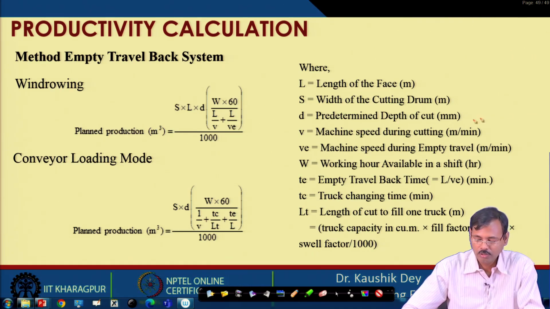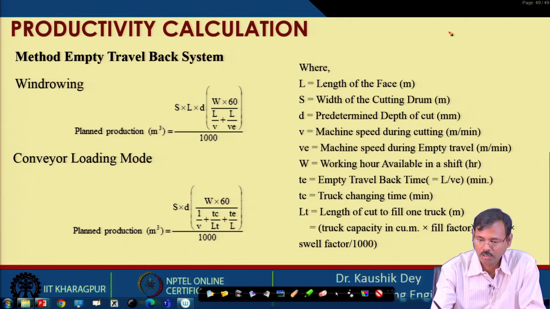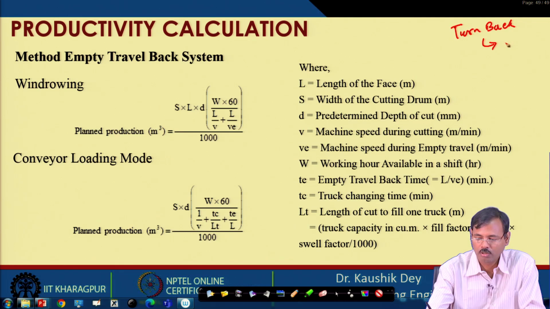Similarly, we can have the turn back method with windrowing and with conveyor loading, and similarly we have harvesting or continuous mode.